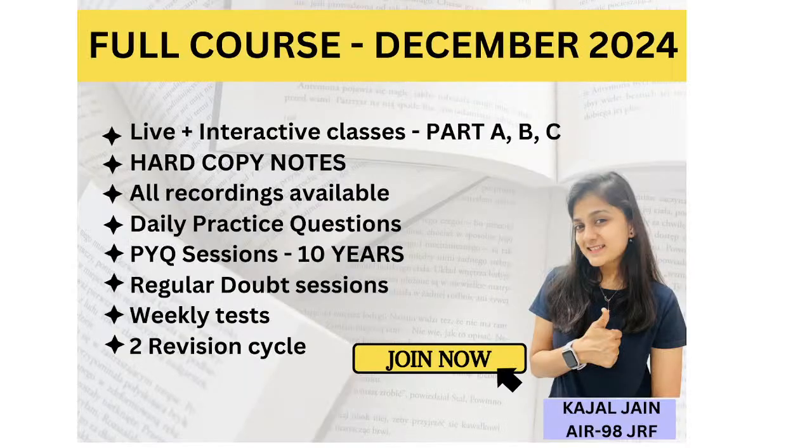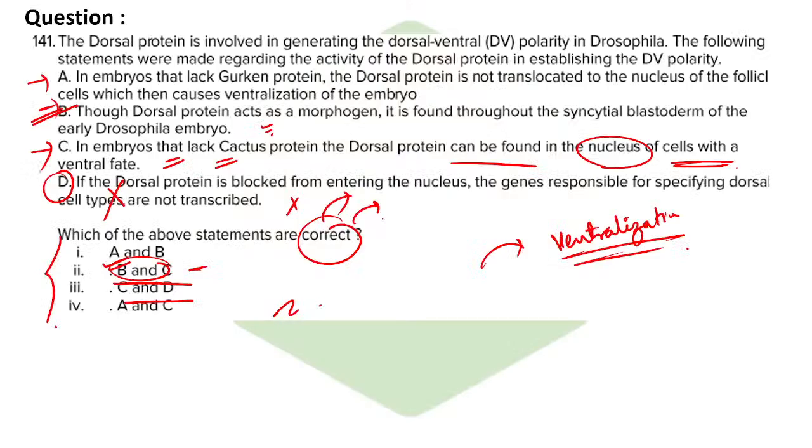Okay, Amir. First statement is saying that in the embryo that lack the Gurken protein, the dorsal protein is not translocated to the nucleus of the follicle cells that causes the ventralization.